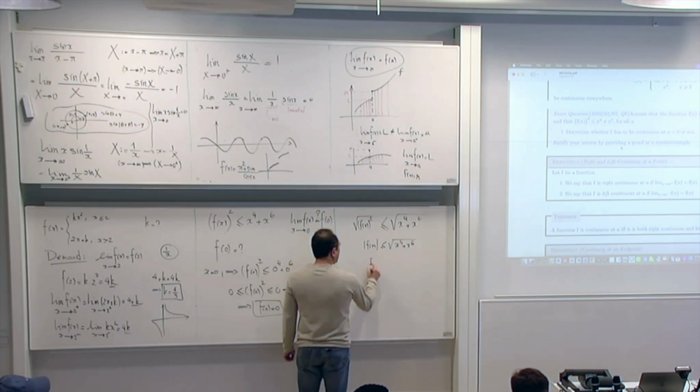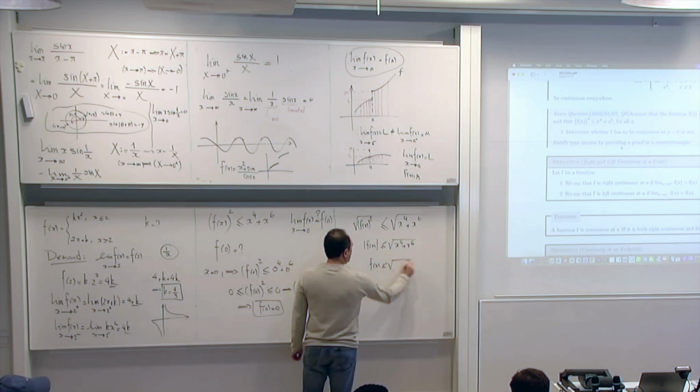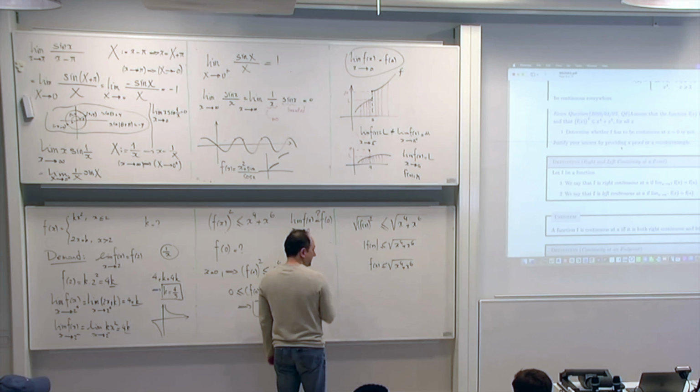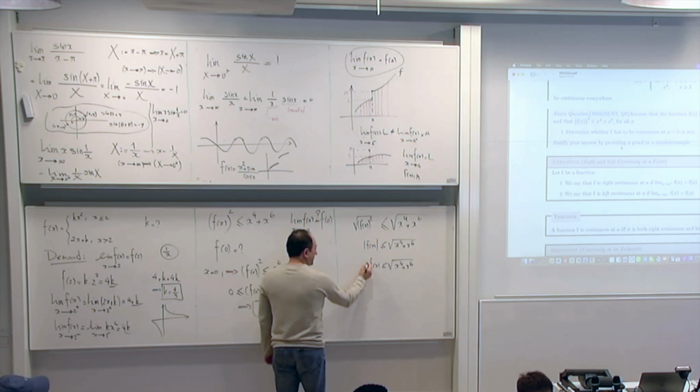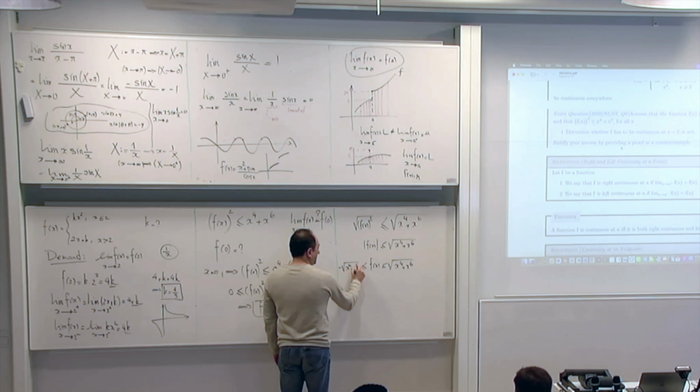I can write that f of x is less than the square root of x to the power of 4 plus x to the power of 6. Can you complete it for me? If I want to take this absolute value off, it's greater than or equal to the negative of that. Do you remember? The distance to the origin should be less than this one. So it would be between minus that number and positive that.